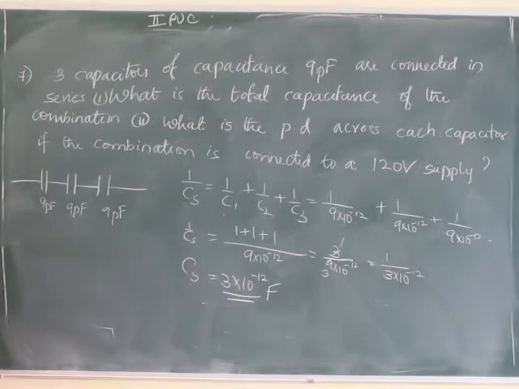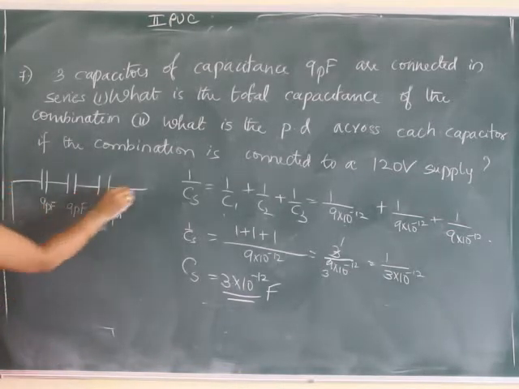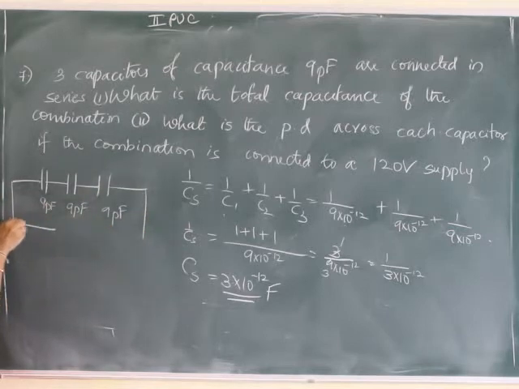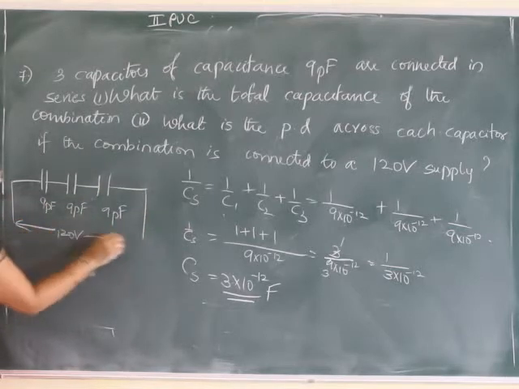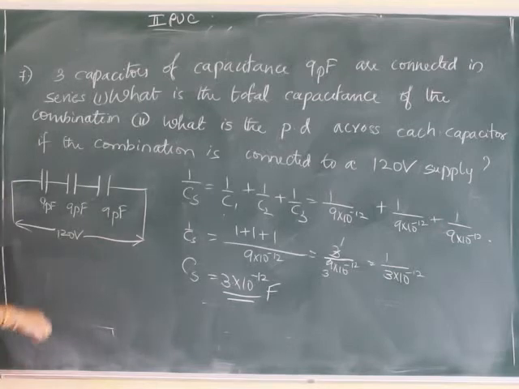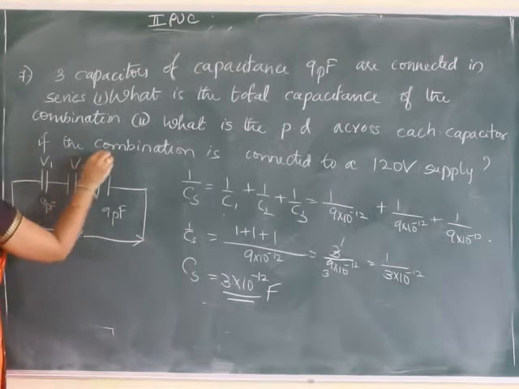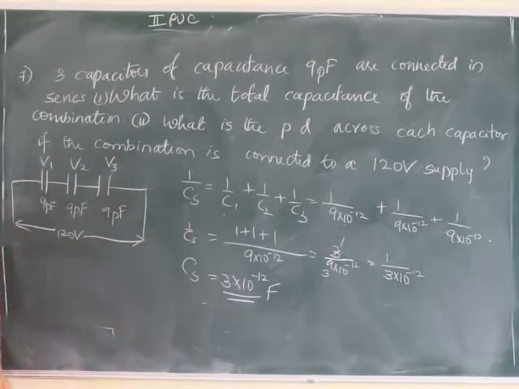What is the potential difference across each capacitor when the combination is connected to the 120 volt supply? So V1, V2, V3, different potential differences are there. First you have to calculate Q, then calculate V. Correct?